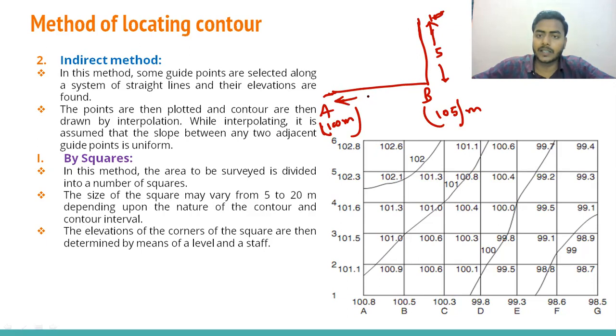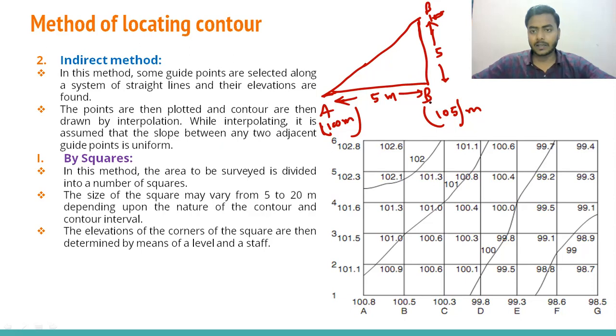Suppose this horizontal distance is again 5 meter. So we are assuming a straight line between A and B. A and B show the elevation on this drawing sheet. Now we are going to find the elevation at this point, that is P.